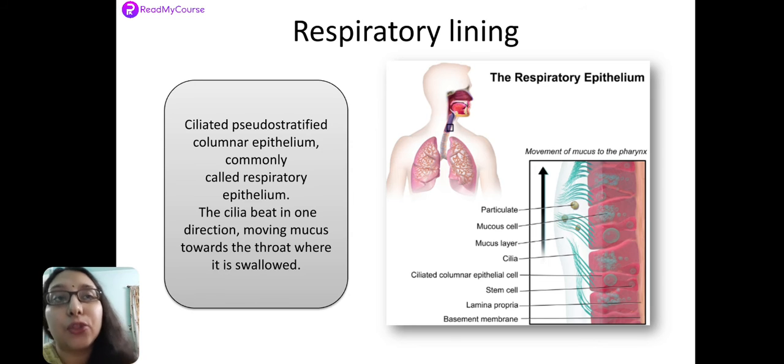Okay. Now, as I was telling you, the respiratory lining has certain specialized structures known as cilia. What the cilia do is they beat uniformly. As a result, whatever impurities or foreign particles we have inhaled along with the air are removed because of this beating of the cilia.